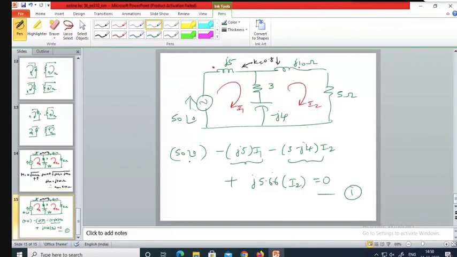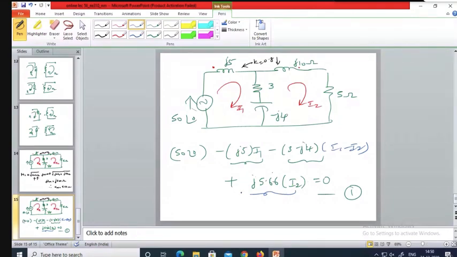The drop across the inductance is minus J5 into I1, and here it is minus (3 minus J4) into I1 minus I2, sorry, there are two currents here, so I just missed it. And one more quantity here, due to the mutual inductance: J 5.66 into I2, equal to 0.